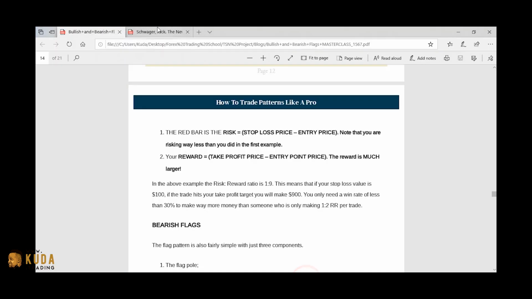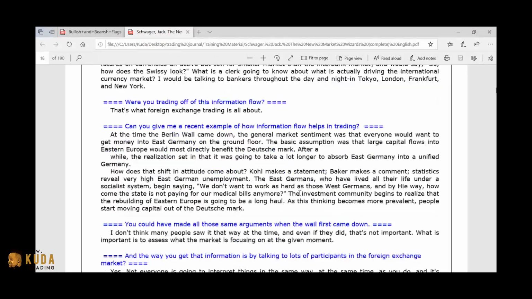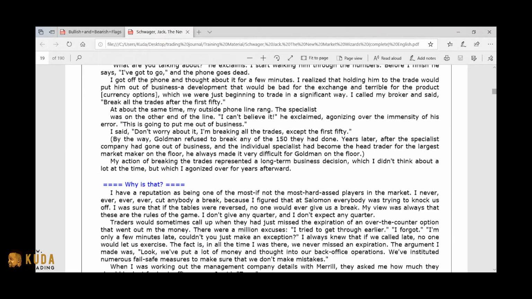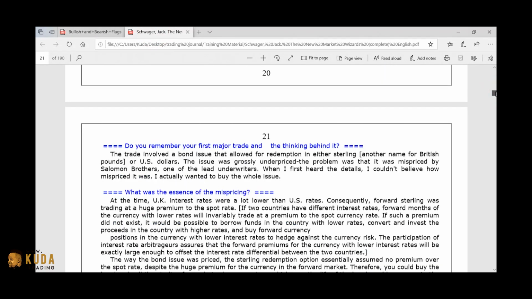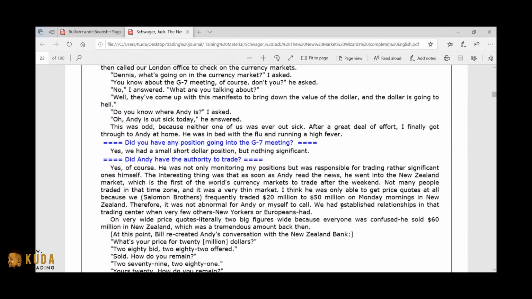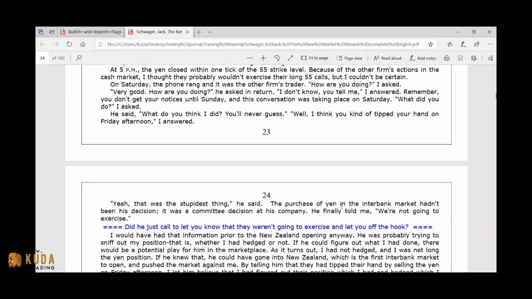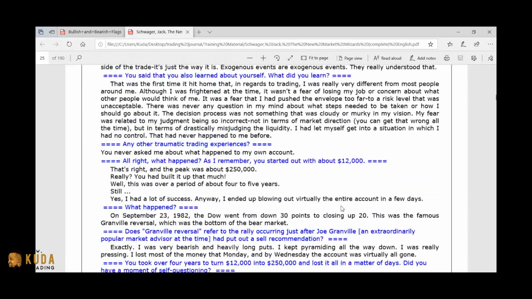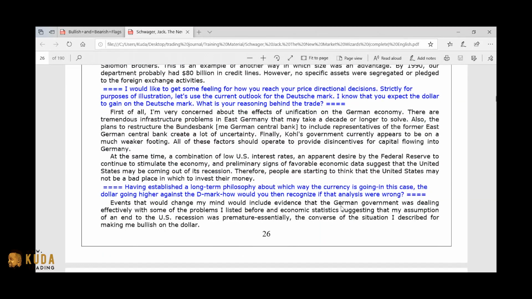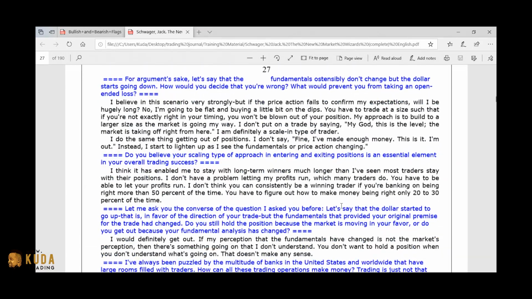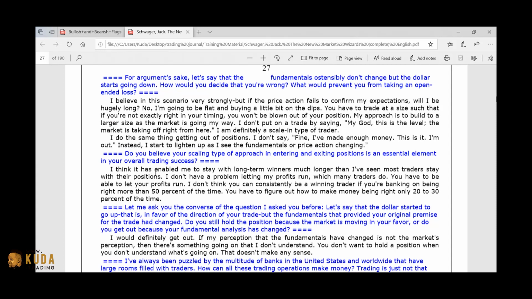And remember the advice that came from the real gurus, not the internet gurus. The real advice that came through there was, let me jump to that page. He says, I think this has enabled me to stay with long-term winners much longer than I've seen most traders stay with their positions.